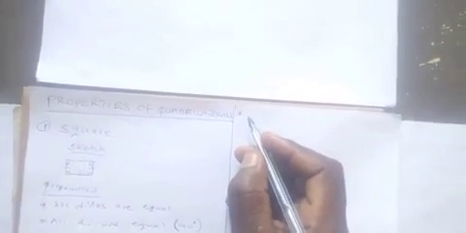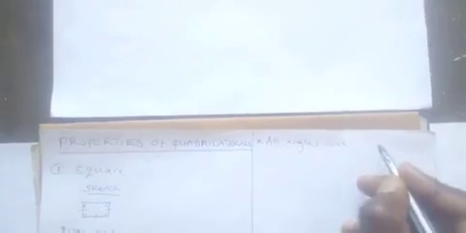Property number 2 of a rectangle says all angles are equal.